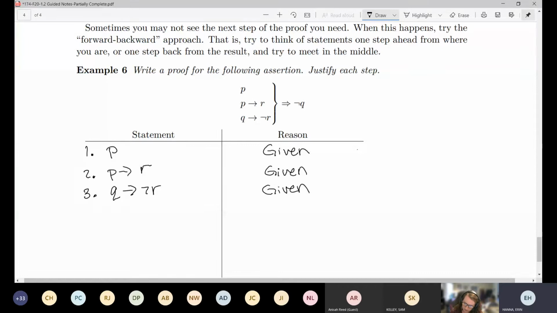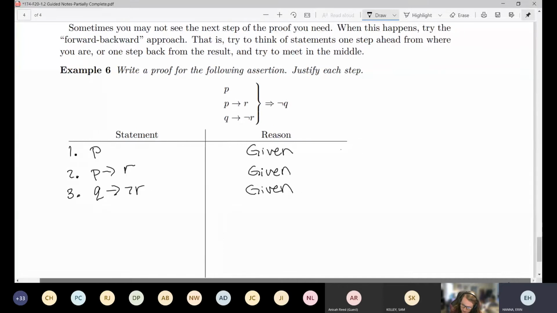Okay, so now again, I'm going to come off to the side, scroll back up in chat to look at my rules, and try to figure out things I might be able to use.